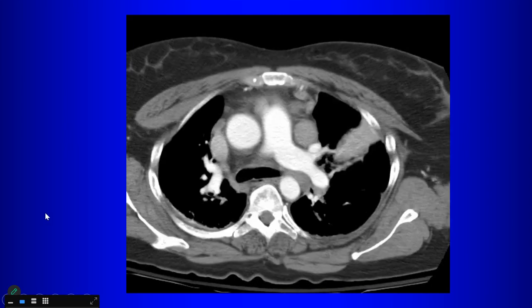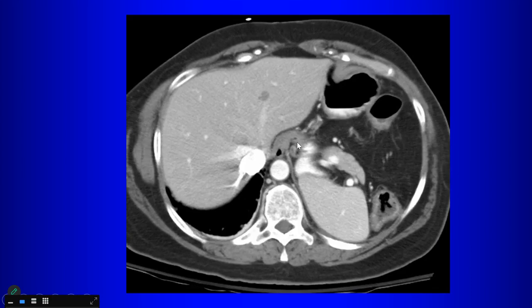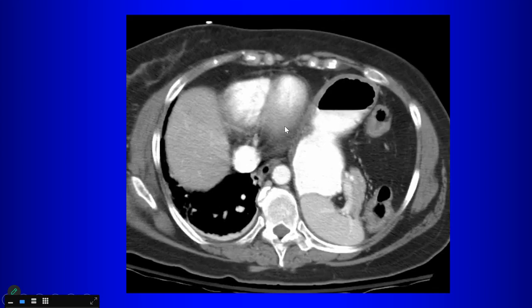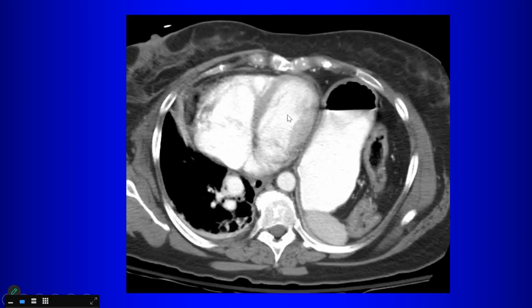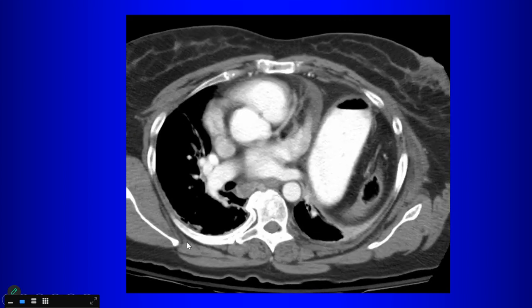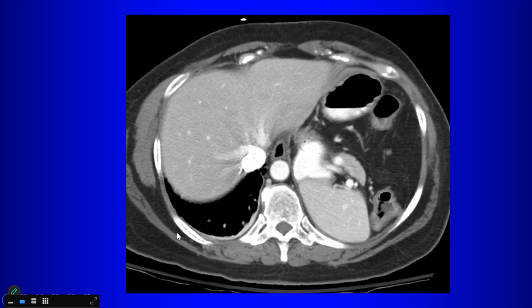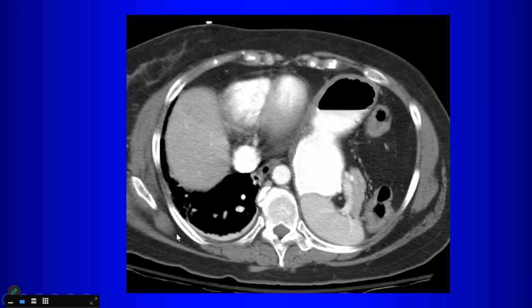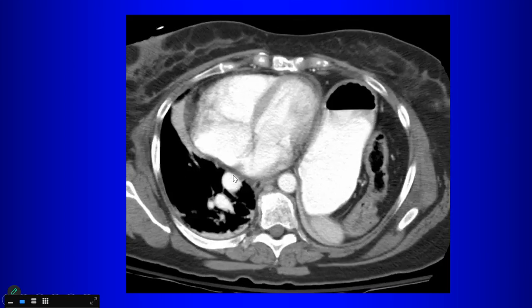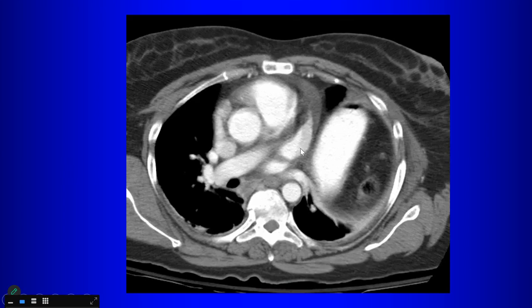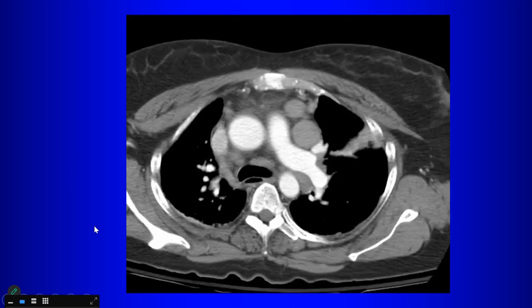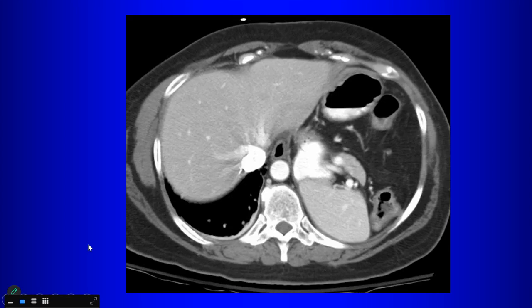Pulmonary artery. Okay? The morphologic left ventricle here is connected to what? Aorta. So the ventricular arterial connections are concordant.